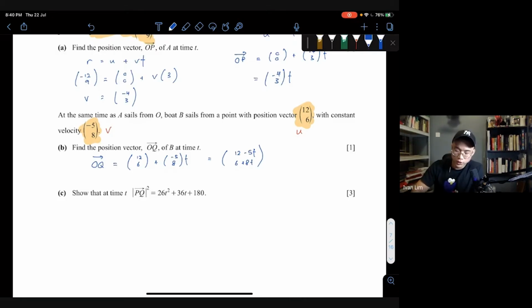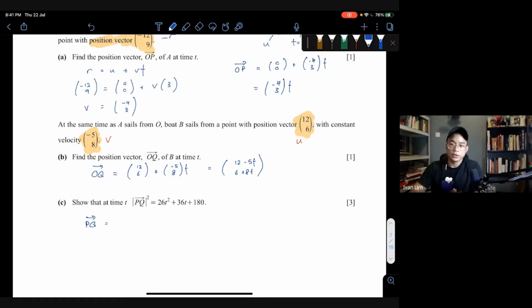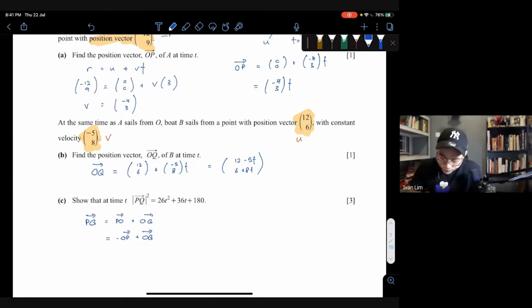So, what do we need to do here? Find what is PQ first, because we don't have PQ. The meaning of PQ is actually the relative distance between both A and B. So for us to have PQ, it will be PO plus OQ, because those are the vectors that we have. PO plus OQ will be negative OP plus OQ. What was OP?